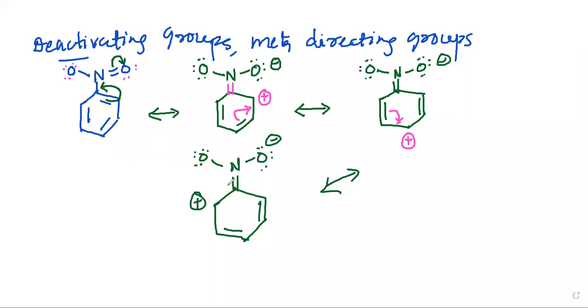As this electron from the double bond comes back to the benzene, we may have the next kind of structure. And in this structure, my dear students, we will have the double bond present over here, here and here. This carbon-nitrogen single bond takes place. The electron from oxygen comes back to form the double bond between nitrogen and oxygen.